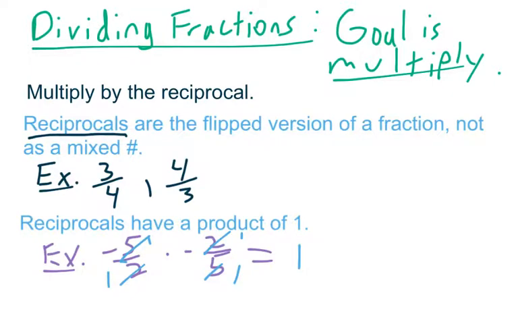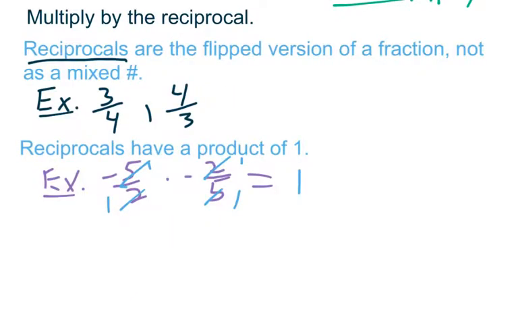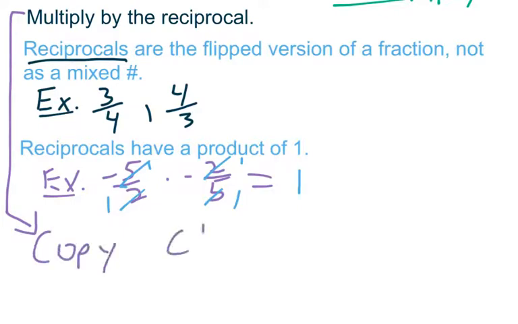All right, another way to say that we multiply by the reciprocal when we divide is copy, change, flip. This means the same thing. We're multiplying by the reciprocal.